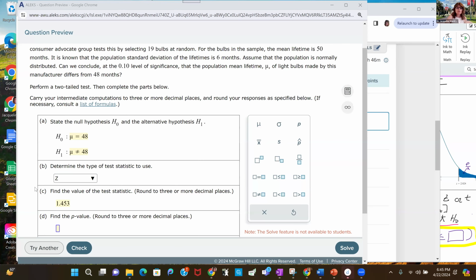Now, this is a two-tailed test. So we have 1.453 and negative 1.453.